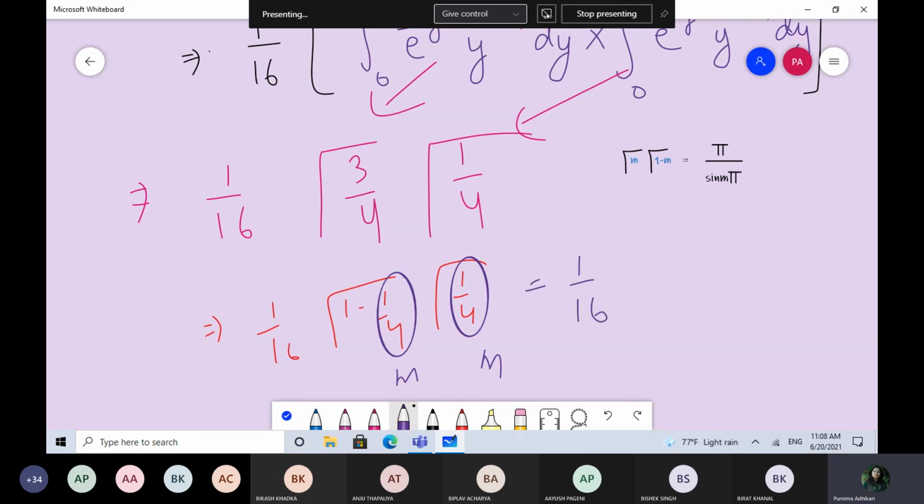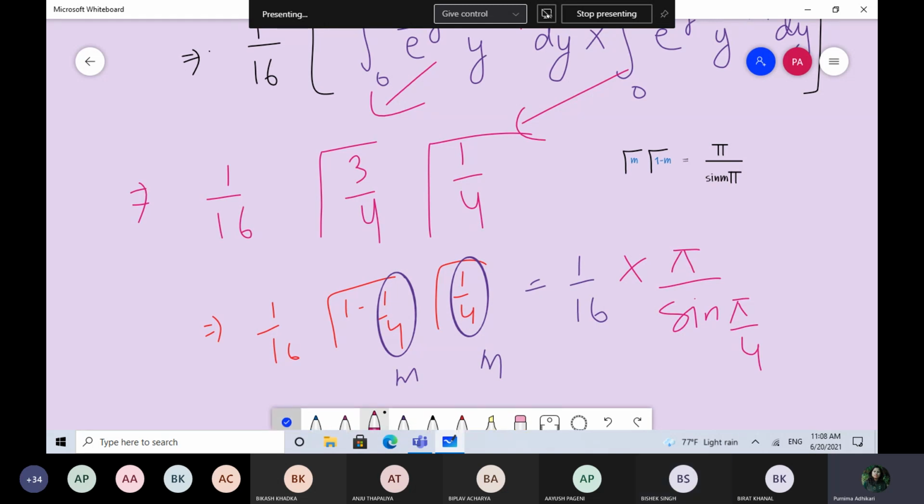Okay, so what will be your value? 1/16 is already there as the constant. What about the multiplication of these two gamma functions? Pi by sine pi/4. Yes. Now you simplify and you will get what?